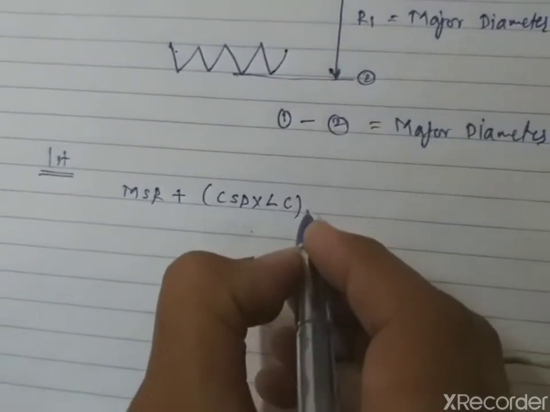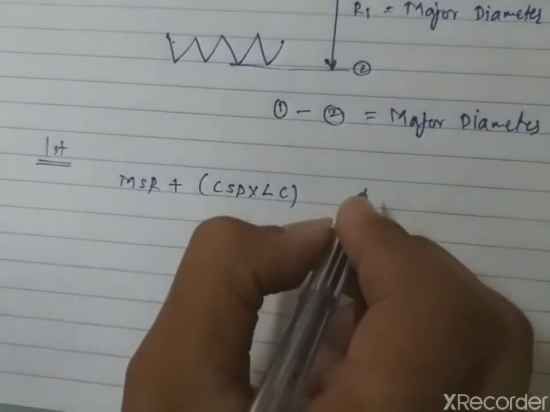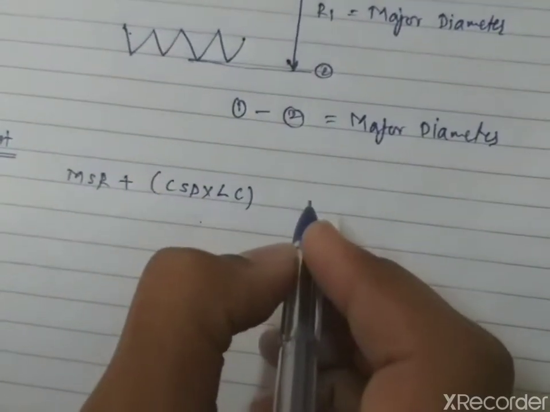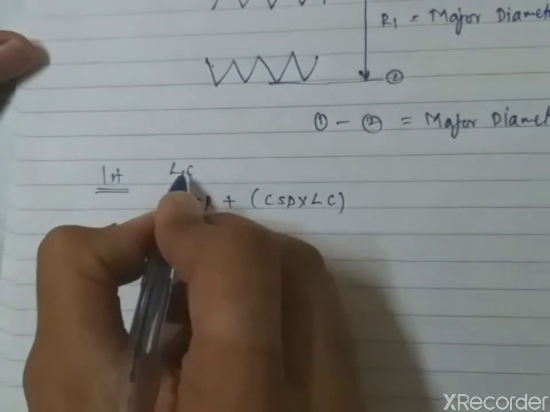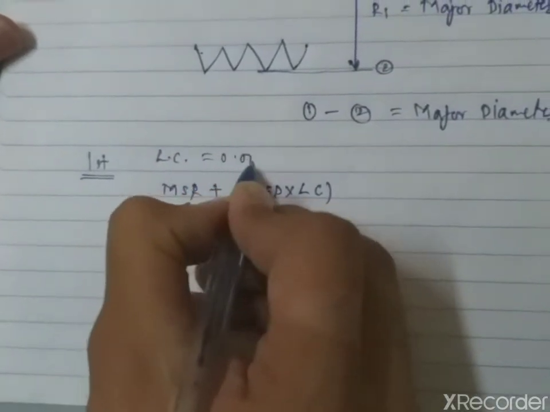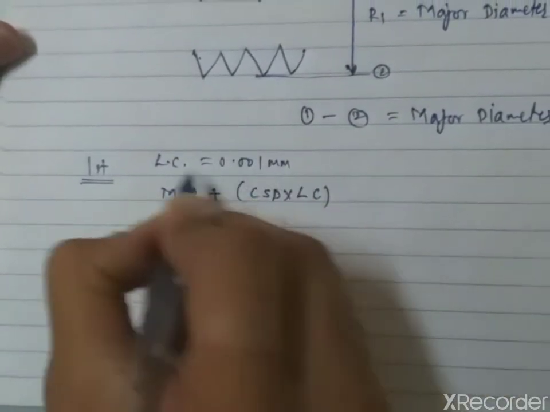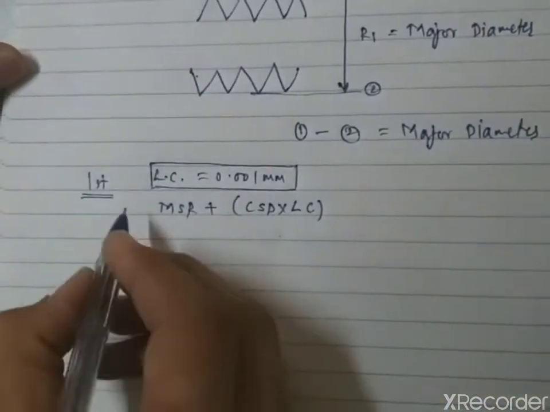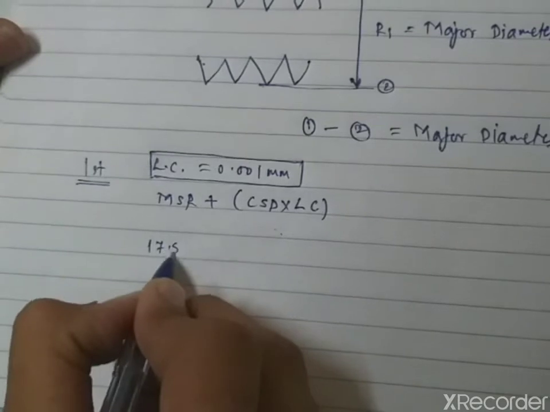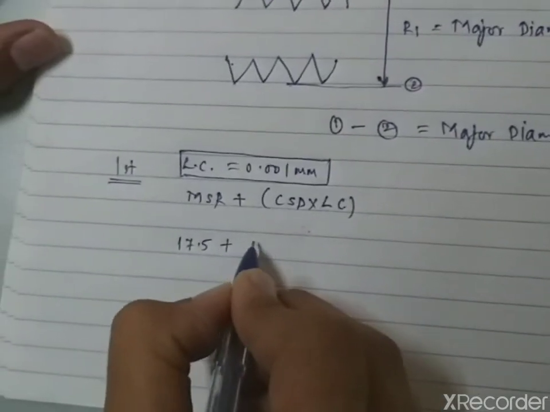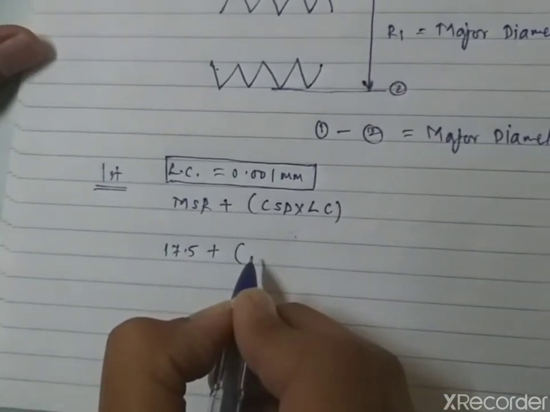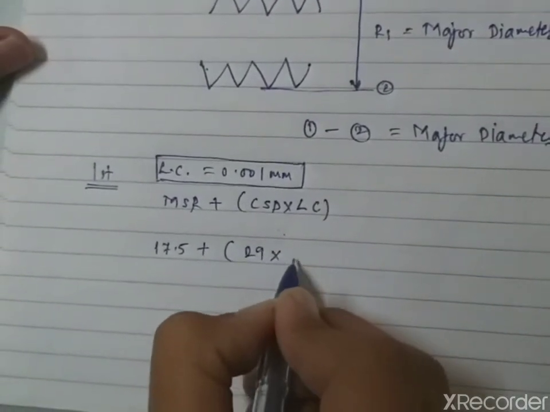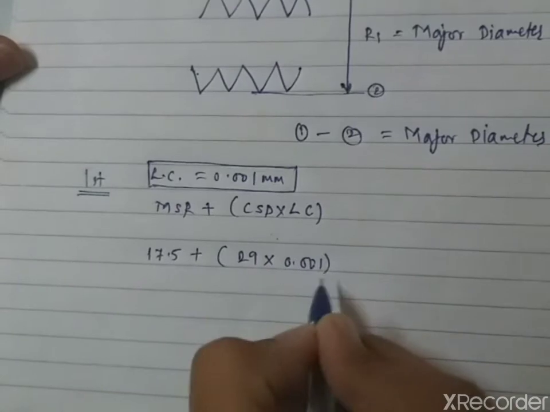Now, as we know, the least count of this micrometer is 0.001 millimeter. So this is to be remembered. We have got the main scale reading as 17.5 plus the circular scale division, which was 29, into least count 0.001 millimeter.